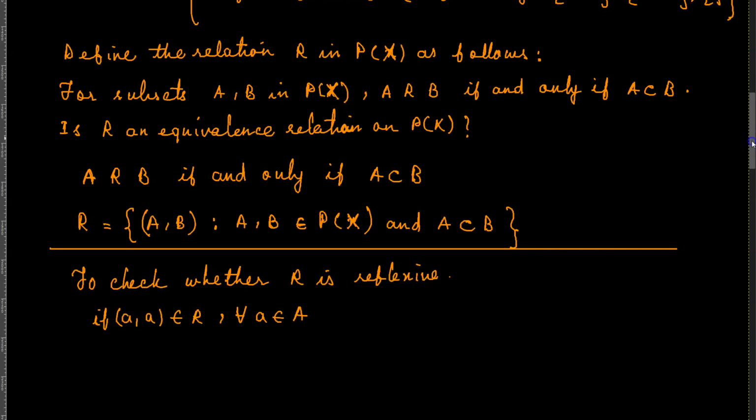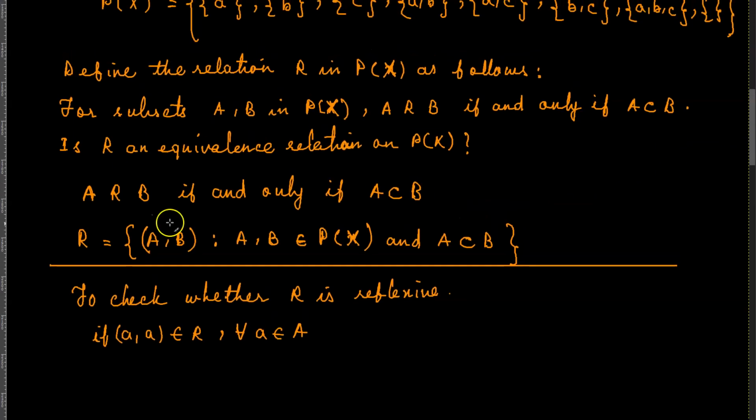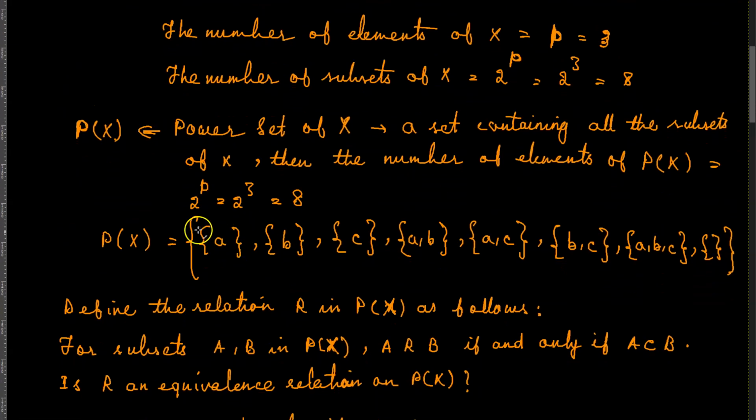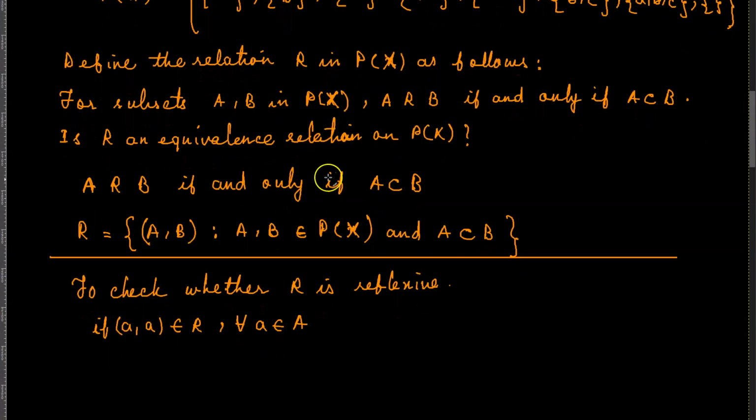Which means that A has to be related to A for every A belonging to A. Now you can see that in this context, what that means is that every set that belongs to P of X has to be related to itself. And the condition that we have here is that A is related to B if and only if A is a subset of B.